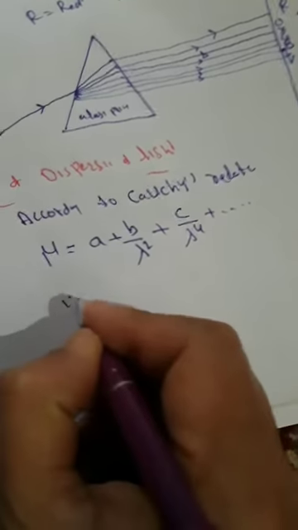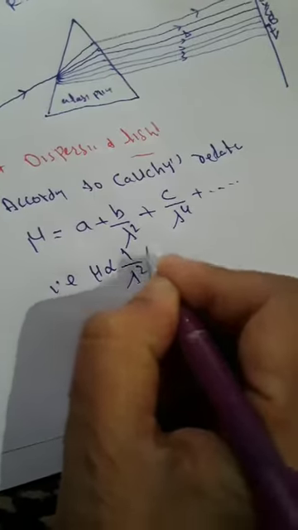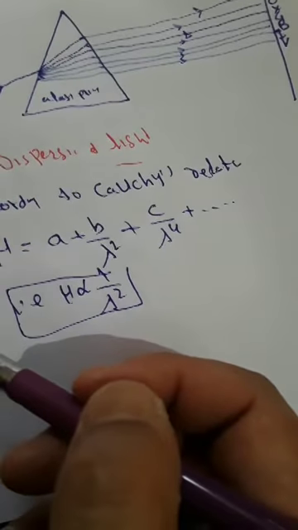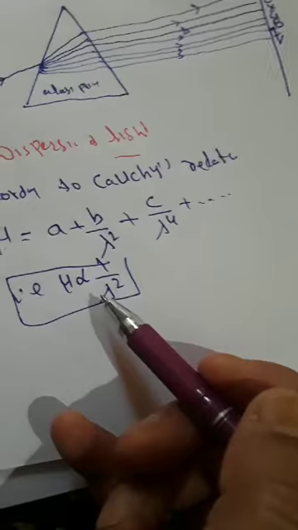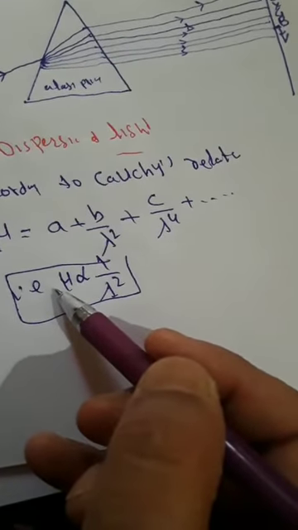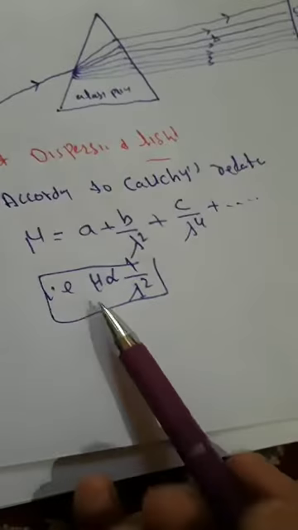In other words, refractive index is inversely proportional to lambda square. That means the color having maximum wavelength has a small refractive index. Different colors have different wavelengths.